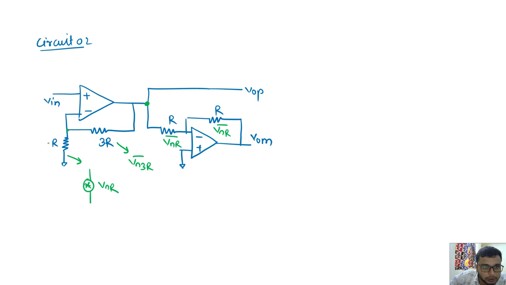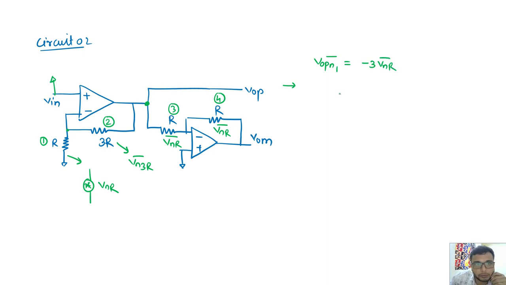This input is shorted, so it will simply be minus 3 of Vn of R. I call this resistor 1, resistor 2, resistor 3, resistor 4. So VOP noise due to resistor 1 is directly minus 3 Vn of R.